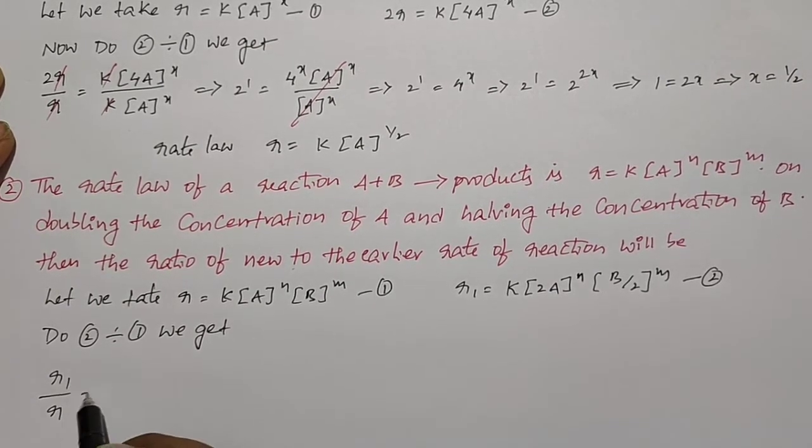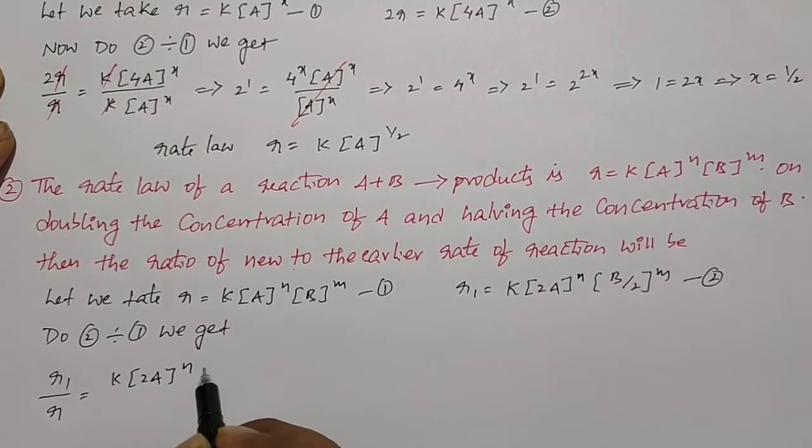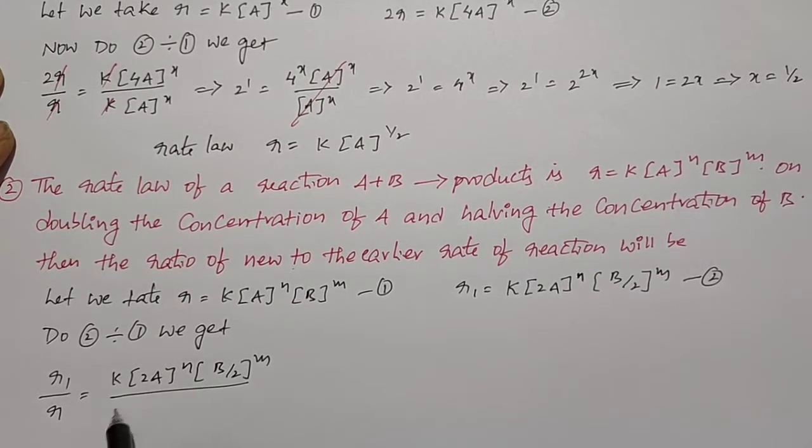We get R1 by R is equal to K into 2A power N into B by 2 power M by K into A power N into B power M. Here K and K will be cancelled.